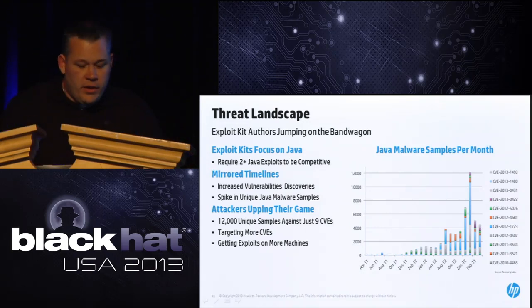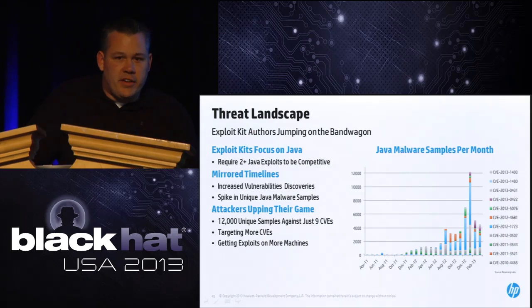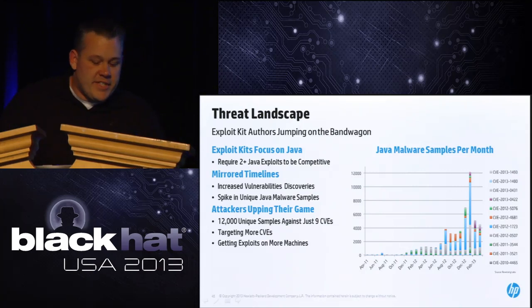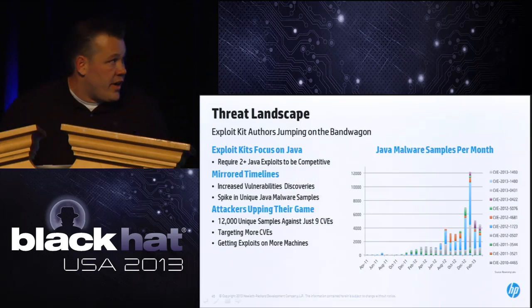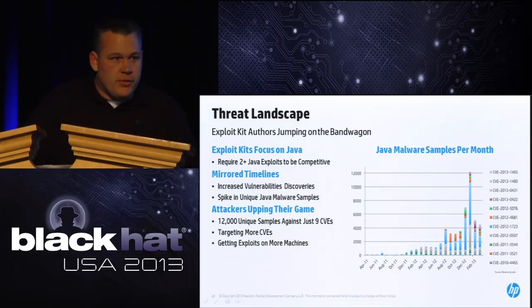If you look at the exploit kit market, on average an exploit kit to be competitive in that market space has to have 2+ Java vulnerabilities in it just to be viable for purchase. Some of the Contagio data shows exploit kits that have 6 or 7 Java vulnerabilities in them.